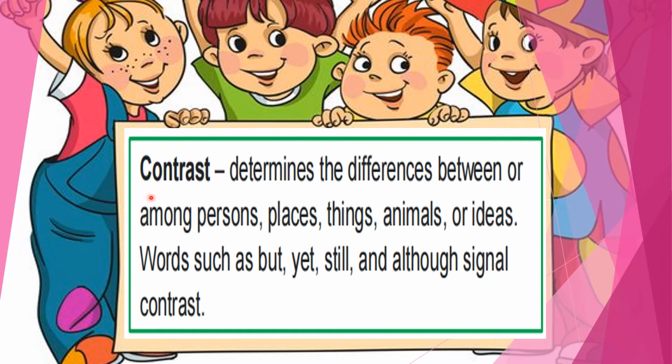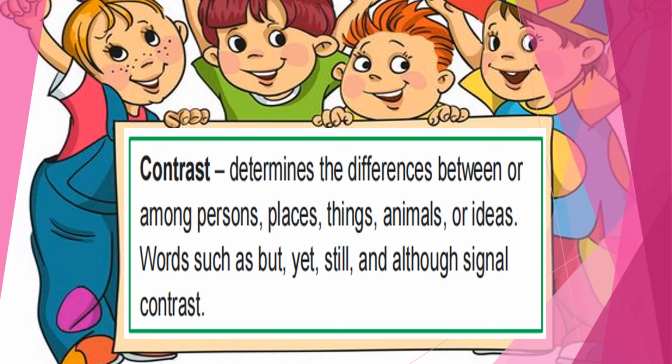Contrast determines the differences between or among persons, places, things, animals, or ideas. Words such as but, yet, still, and although signal contrast. So remember all those clue words, how to compare and contrast information.